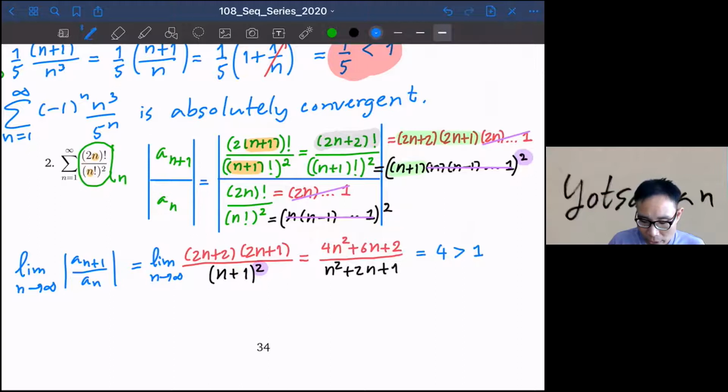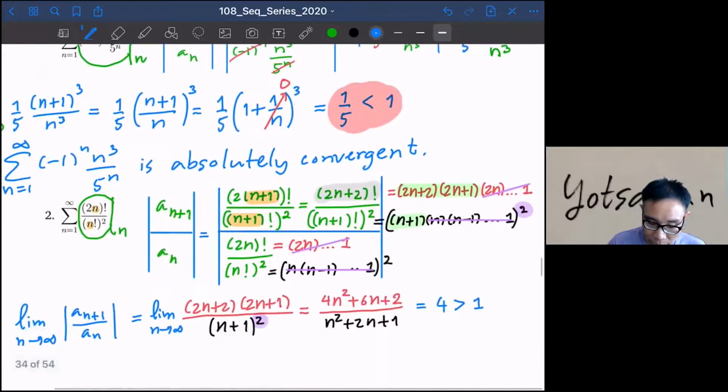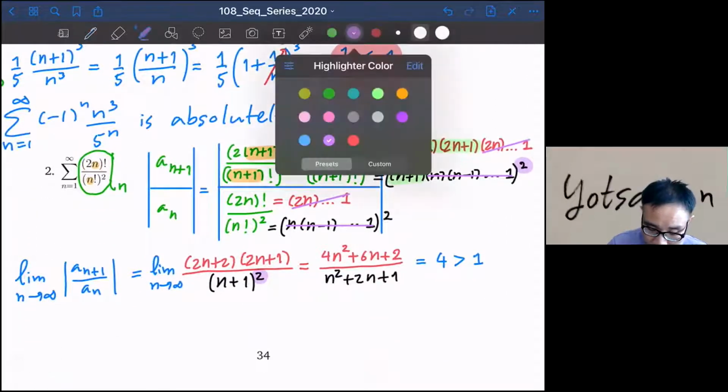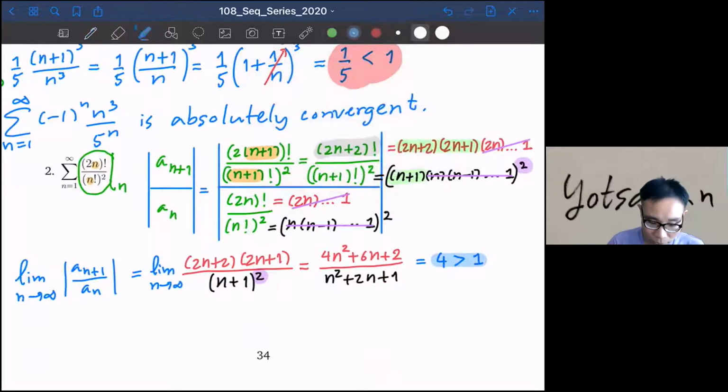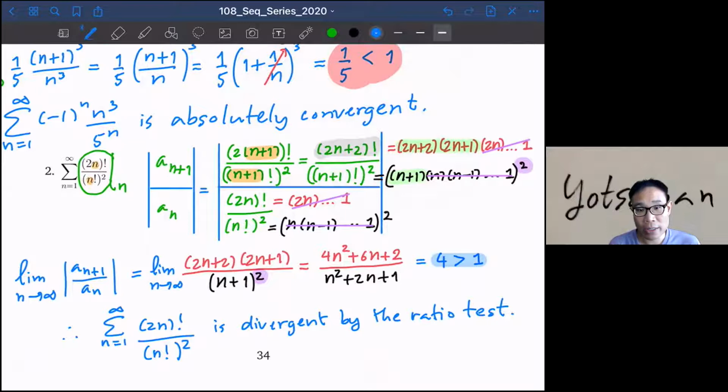So when you have the limit more than 1, you are in the second case, so it's going to be divergent. So the series from n equals 1 to infinity of (2n)! over (n!) squared is divergent by the ratio test. Okay, so that is how we use the ratio test.